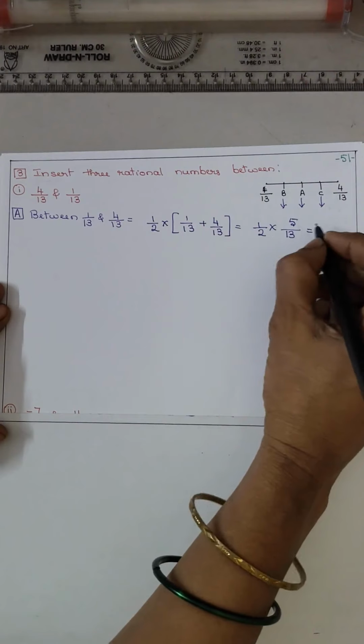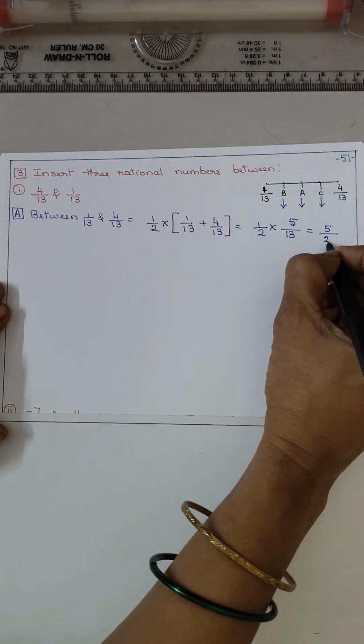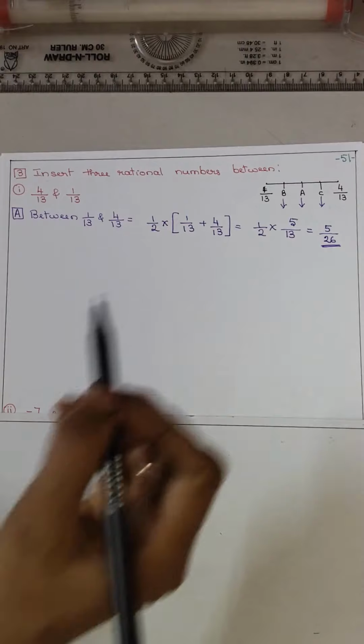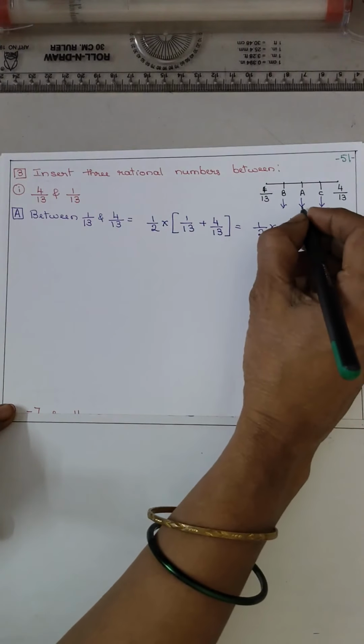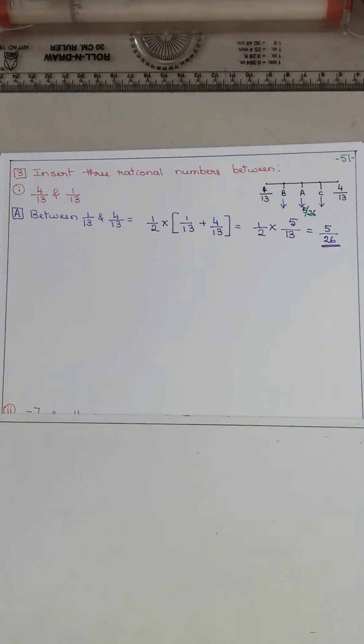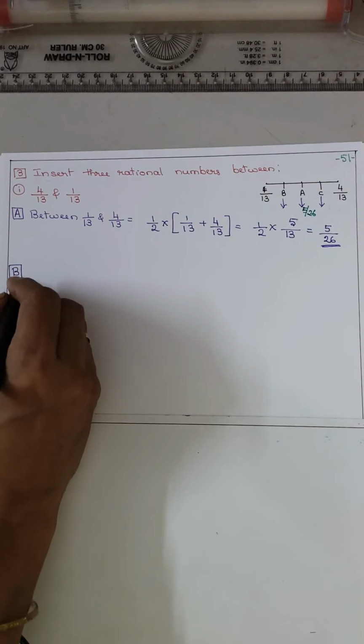So you get 1 fives are 5. 13 twos are 26. So you will get the answer as 5 by 26. A is 5 by 26. Okay. Now for B. For B, which all you have to take?